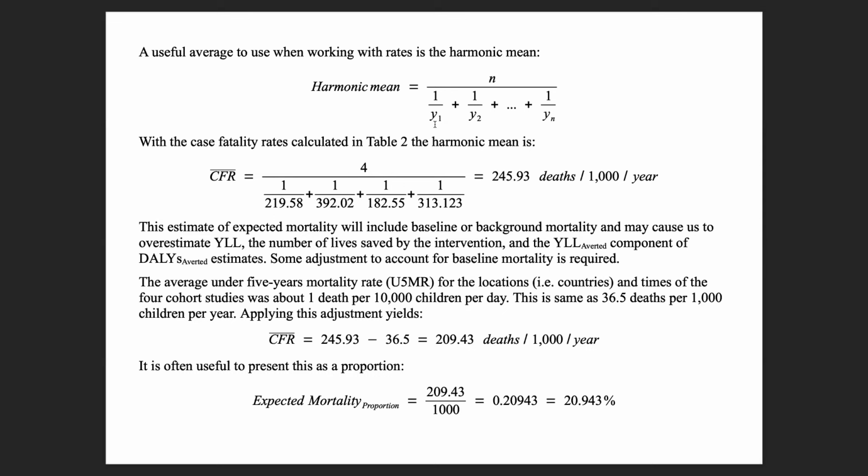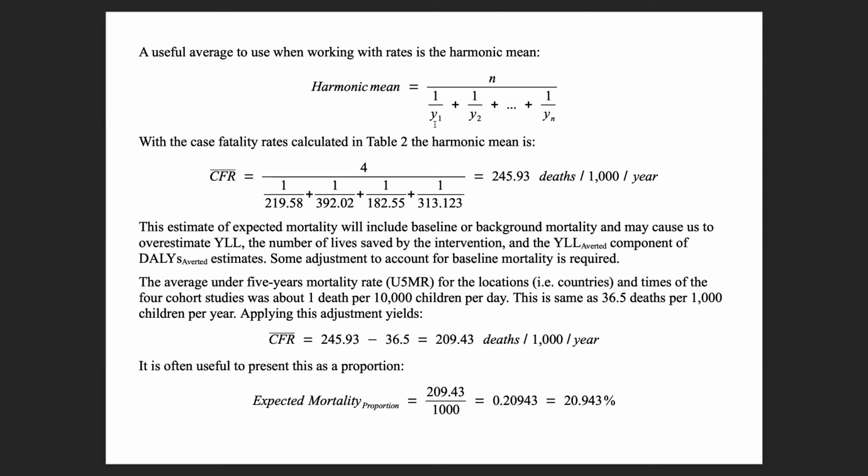So when we look at the data from the Health Observatories, we find that the average under 5 mortality rate for the locations and times that these 4 cost studies were done was about 1 per 10,000 children per day. And this is the same as 36.5 deaths per 1,000 children per year.